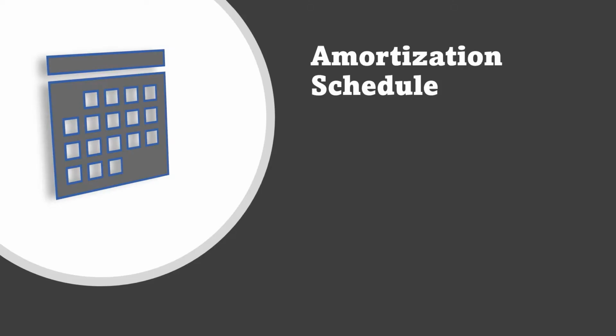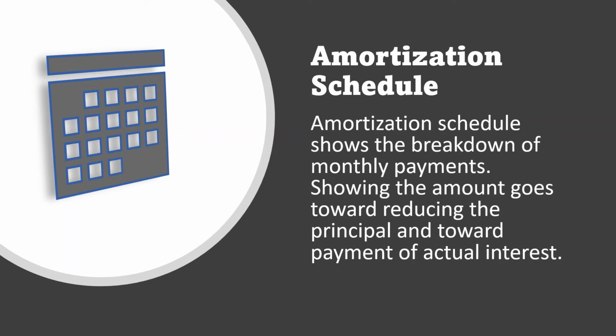Once we are done computing the monthly amortization payment, we are now going to prepare the amortization schedule. So what is an amortization schedule? An amortization schedule shows the breakdown of monthly payments, showing the amount that goes toward reducing the principal and toward payment of actual interest.